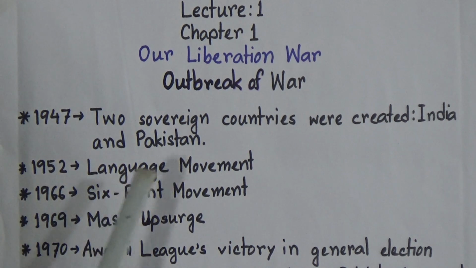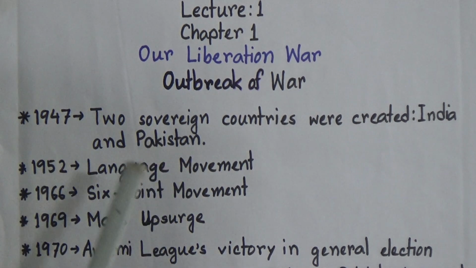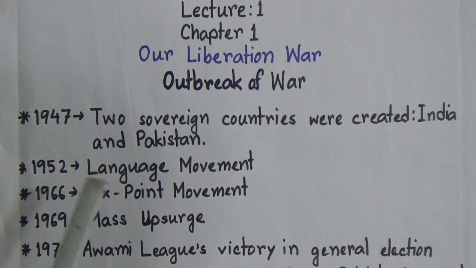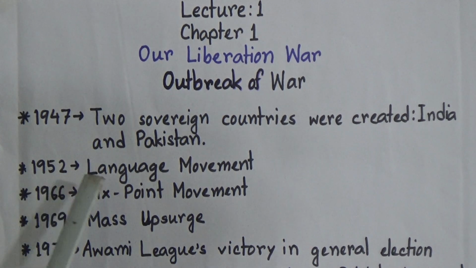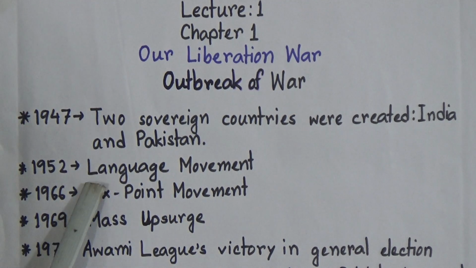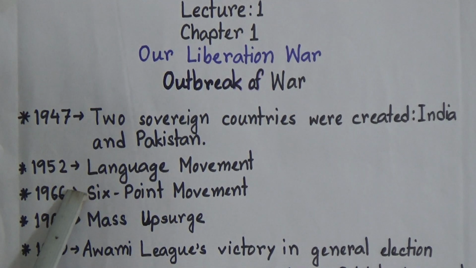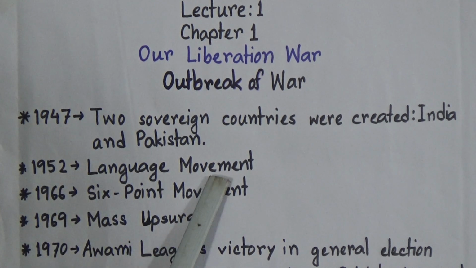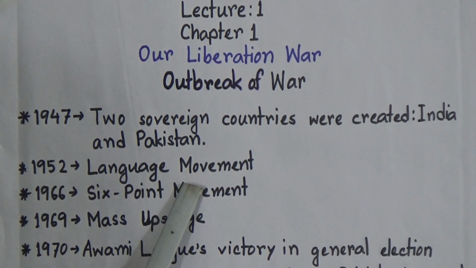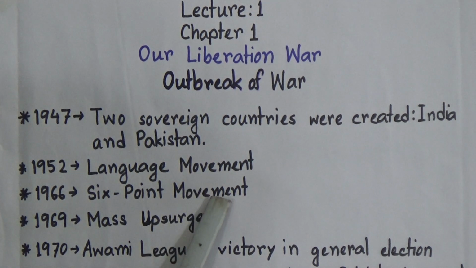And then some movements took place, movements of resistance against the Pakistani government, and these movements led to the liberation. These movements had a great impact on our liberation war.